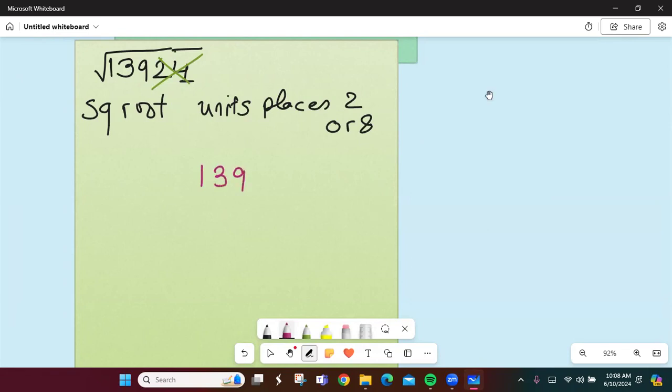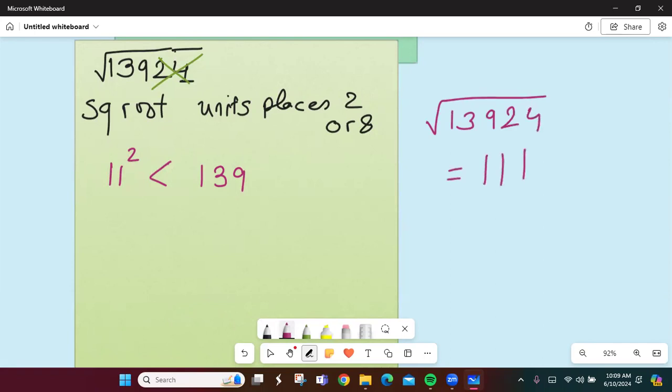Now think of a perfect square that is just less than 139, and that is 11 square. So surely the square root of 13,924 will start with 11, and I have to select the proper units place. Take 11, multiply it by the next integer 12.